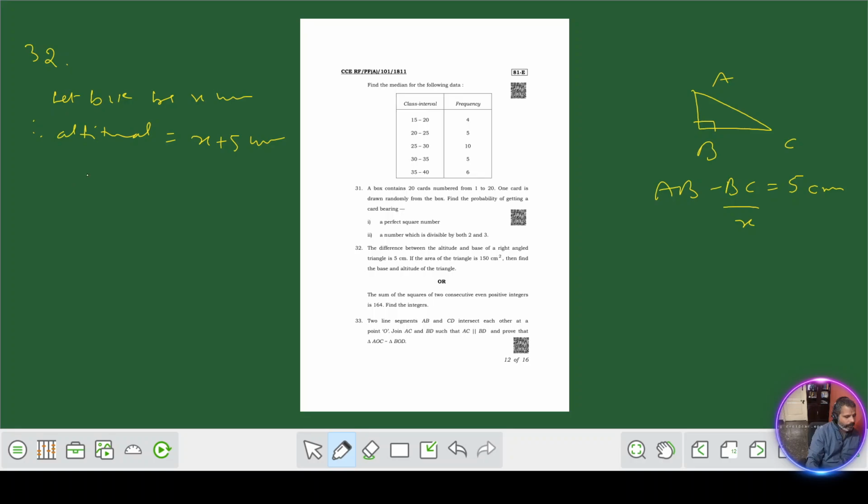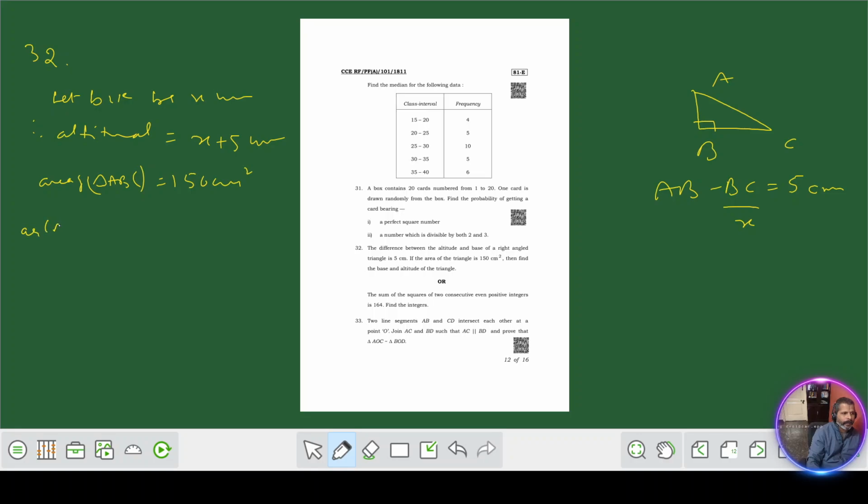What is given again? The area of the triangle is 150 centimeter square. Given area of ABC is 150 cm square. Apply the area of triangle formula and find the required values.